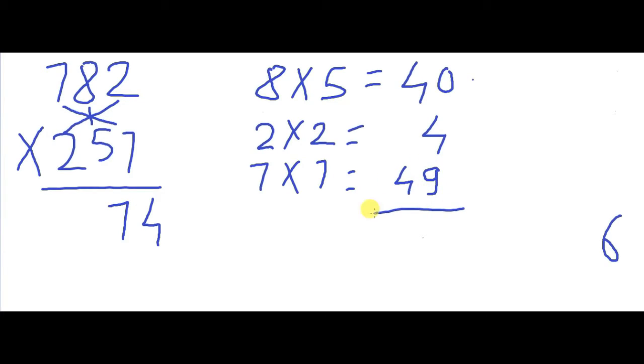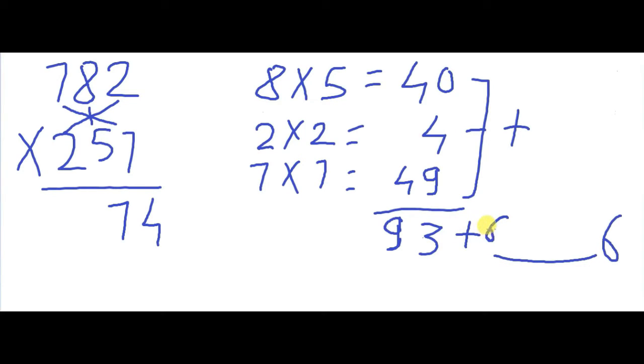So take addition of these three numbers, we get 93. Then add the carry from the previous step to this number, we get 99. Then write down this 9 in the answer and take this 9 as a carry for the next step.